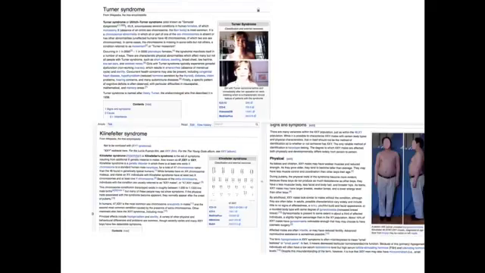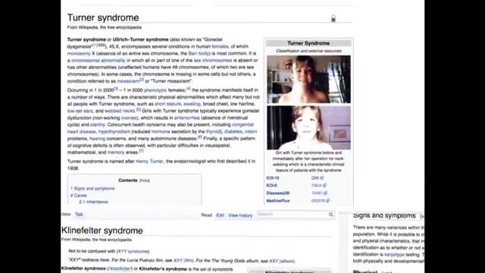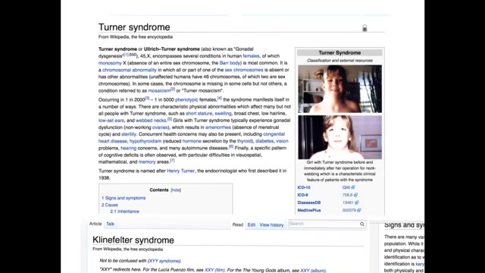Girls with Turner syndrome, you might not even know. Usually they're just a little bit smaller in stature. They look really young and sometimes a little bit underdeveloped in terms of puberty. And there are some issues which you can see here on this screenshot I took of Wikipedia.